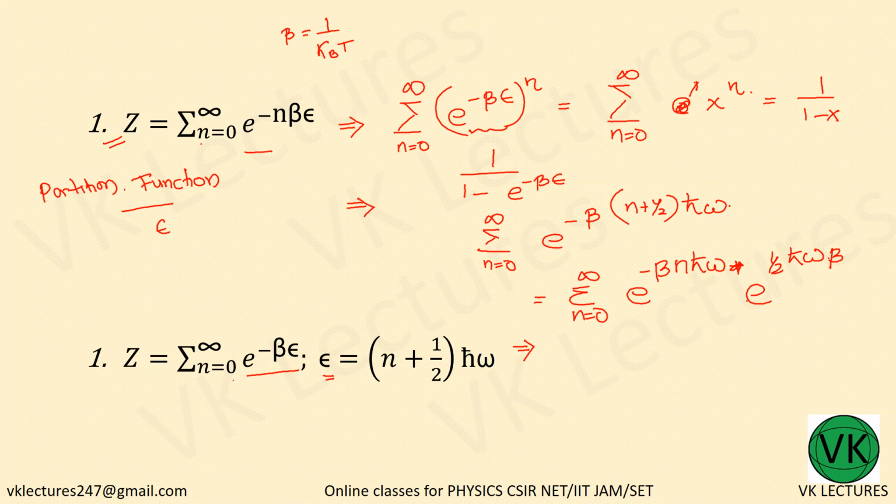Now this half beta h cross omega is a constant, because n is the only variable here, n equal to 0 to infinity. So bring that outside: e raised to half beta h cross omega, sum over n equal to 0 to infinity. This I will write as e raised to minus beta h cross omega, whole to the power n.